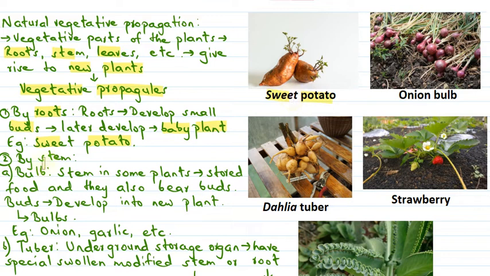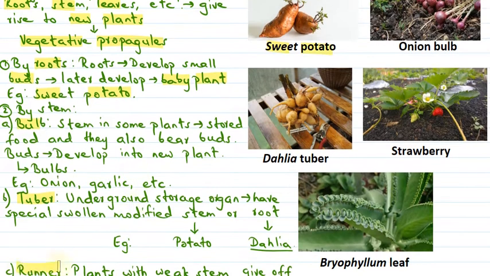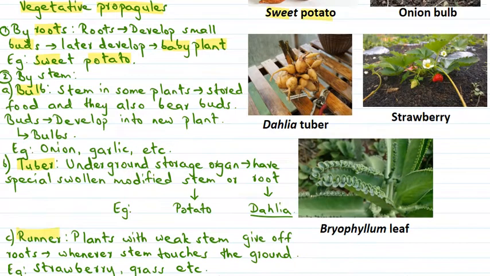Then we discussed how vegetative propagation takes place by stem. By stem, there are some examples like bulb, tuber, and runner. So first, let's see what bulb is. Stem in some plants has enough food stored in it and also bears buds, and these buds develop into new plants.